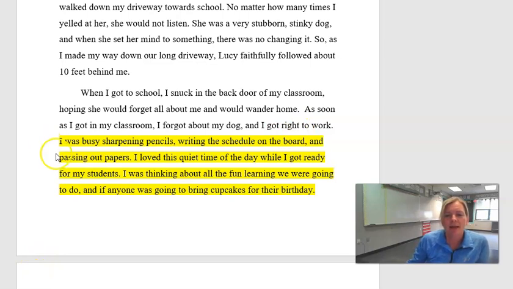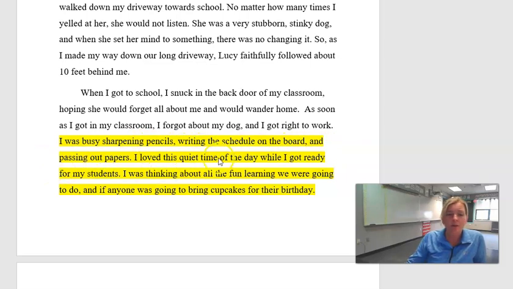This paragraph had ended with me just getting right to work, but I didn't really explain what I was doing or what I was thinking about at the time. So this is what I've added that's highlighted. I was just more specific, because that is what good writers do, they're very specific in their details. I was busy sharpening pencils, writing the schedule on the board, and passing out papers.